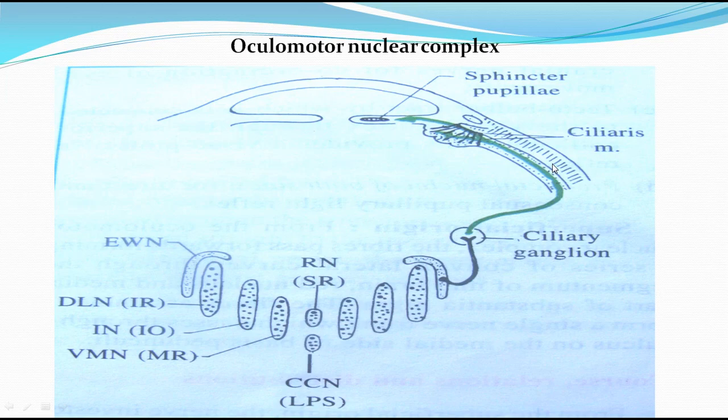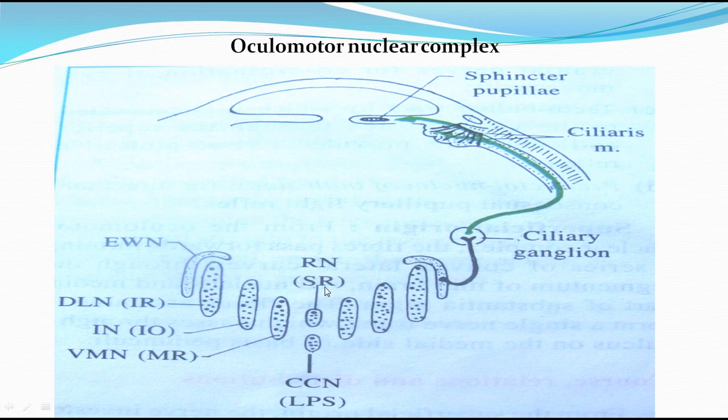So if you want to know everything in detail, you can just see the simpler line diagram. In this, all that you have to remember, come from the midline. It is always better to start from the midline in any diagram or any notes. It's easier for you to remember. In the midline, the raphe nucleus supplies the superior rectus.